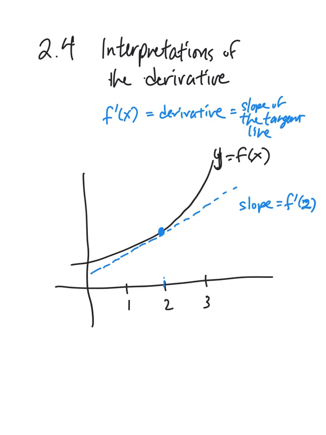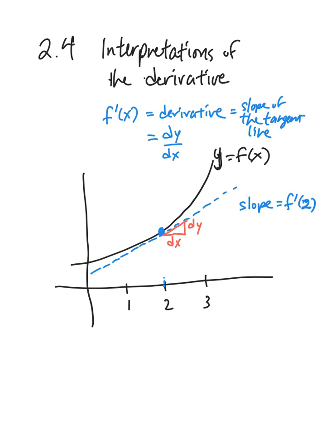Now there's some other notation for this derivative: dy over dx, or some people just say dy dx. The reason it's there is it's like a small change in y over a small change in x.